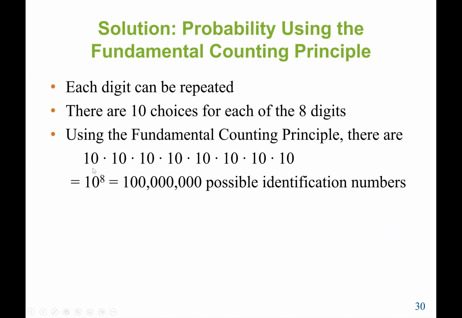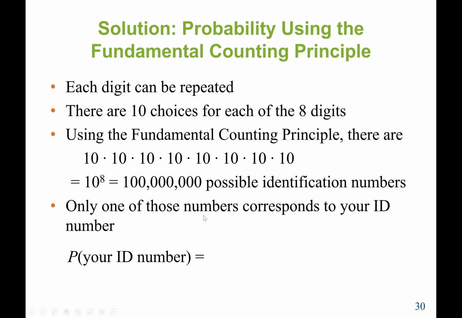Now, if we cannot repeat, then it will be 10, 9, 8, 7, and anytime we take one digit, we are going to reduce it by 1. But since the question said we can repeat it, we just have 10 options for all the 8 digits. So this will give us 10 to the power 8, or 100 million possible identification numbers. So that is the total outcome, or the sample space.